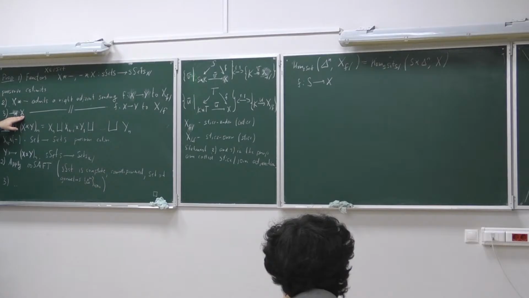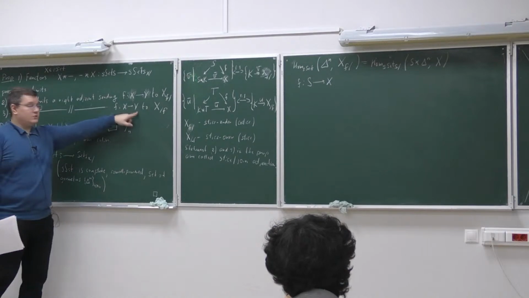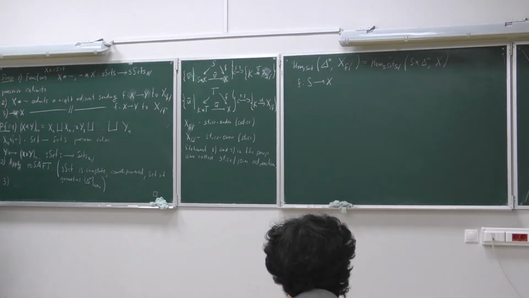Still there is a canonical map. When you compute this join, this will be something under X, so it has to be from X to something. Okay.